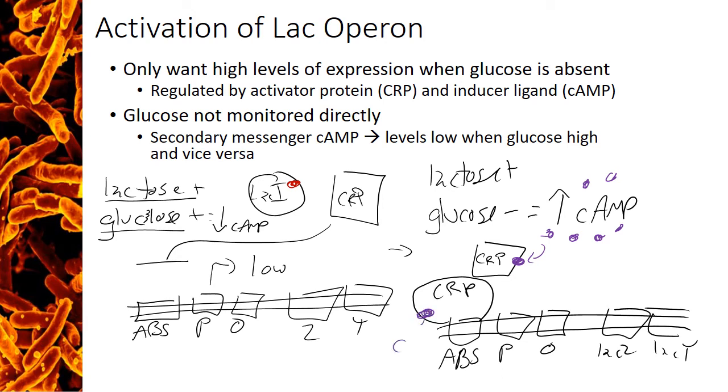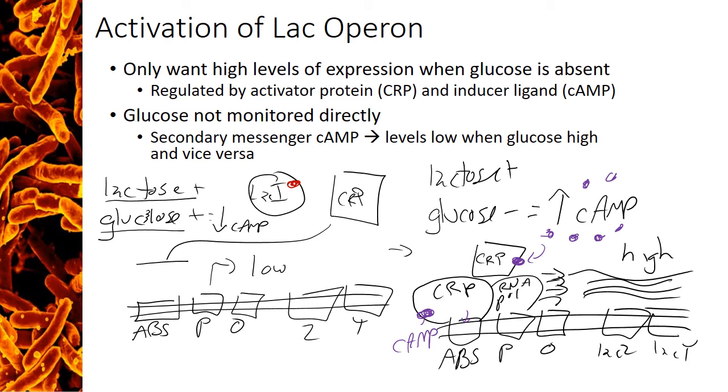So now CRP with that cyclic AMP bound is able to bind to the activator binding site. It functions like an activator protein, recruits RNA polymerase to really high levels, which means now we get lots of transcription, and now we're seeing high levels of transcription or expression of the genes.